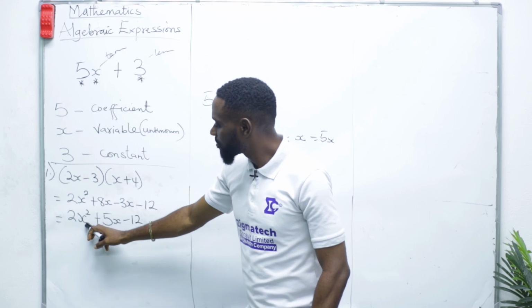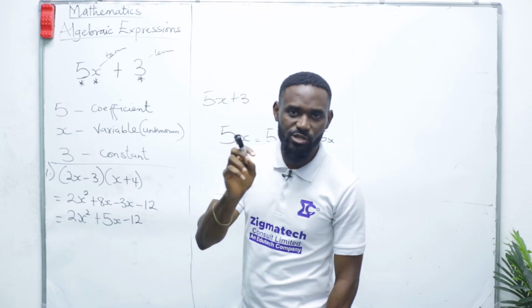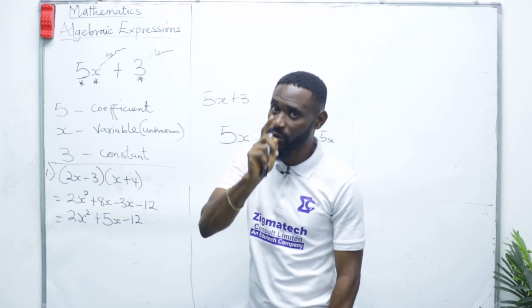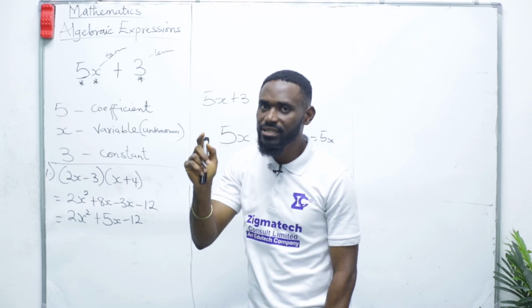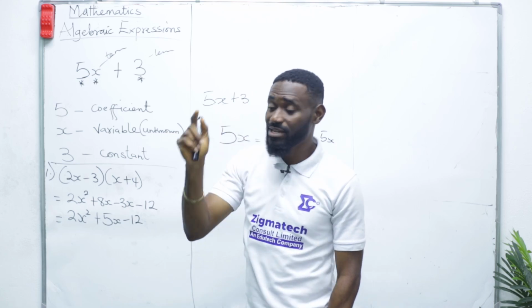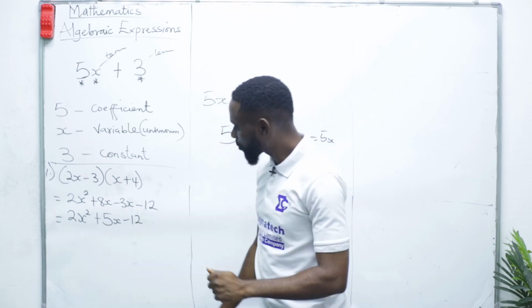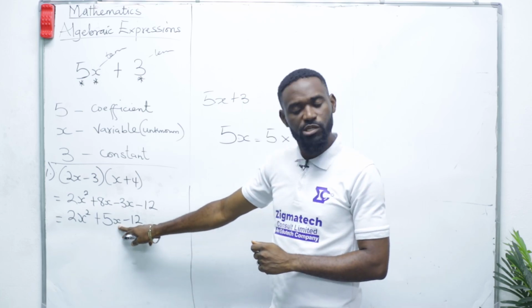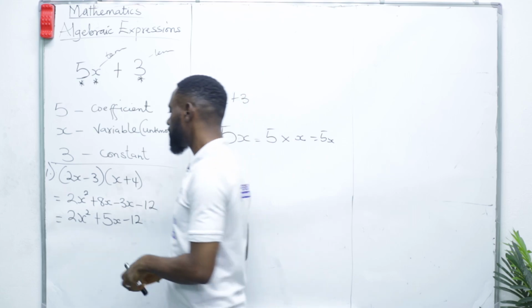At this point, x squared is not the same thing as x. Remember, they asked for the coefficient of x and not the coefficient of x squared. x squared is different from x. So this is not our concern. Our concern is this x that we have here. What is the coefficient? Of course, the coefficient is 5.